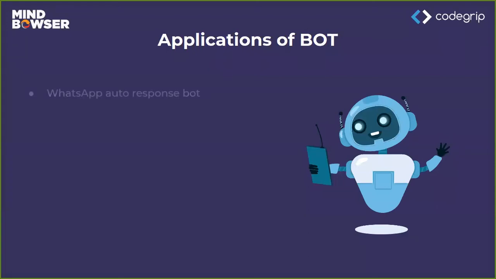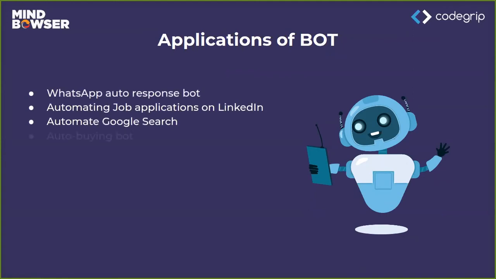There are other cases also, like auto response bots. Let's say someone has a legacy site with a customer chat option, but the code is no longer maintainable, though the site is working. Users can chat with their service agents there.